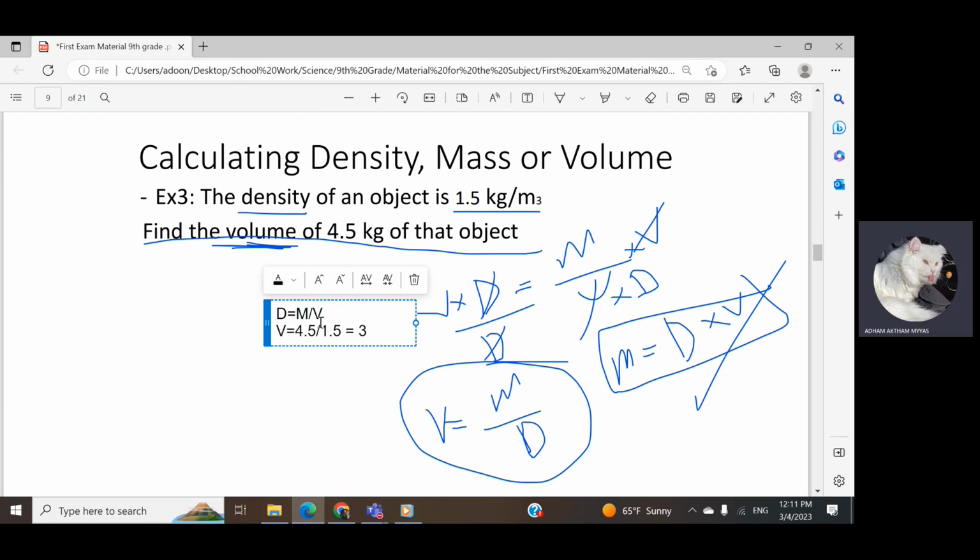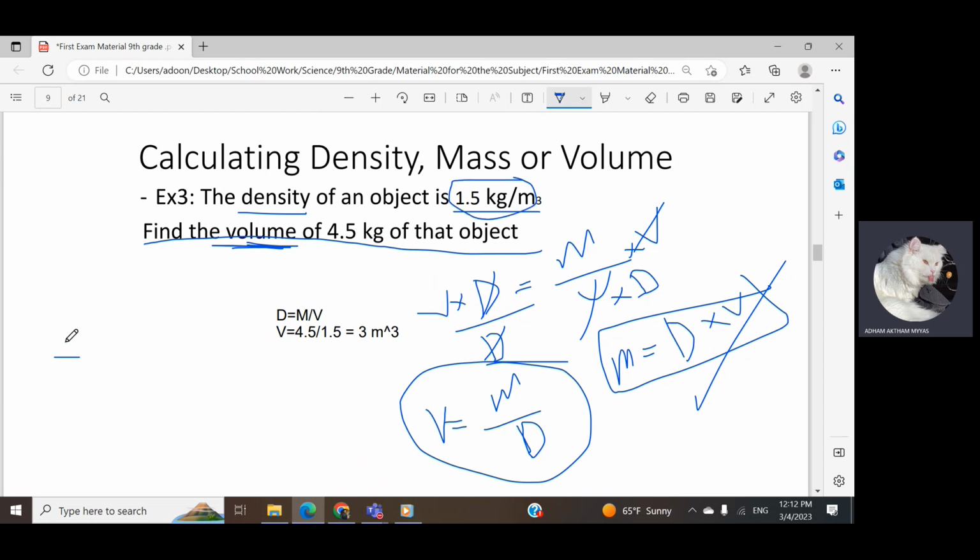But 3 what? When we are talking about the volume, we are talking about cubic. And here we have the cubic unit, it's meter cubed. Okay, what should I do to get the meter cubed?